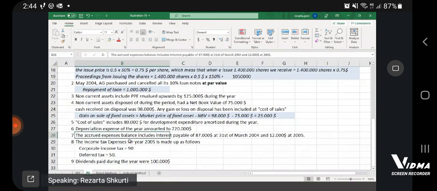It says that the accrued expenses balance in the statement of financial position includes interest payable, 87,000 at the beginning of the period and 12,000 at the close as a closing balance. So we have to take that into account right now.